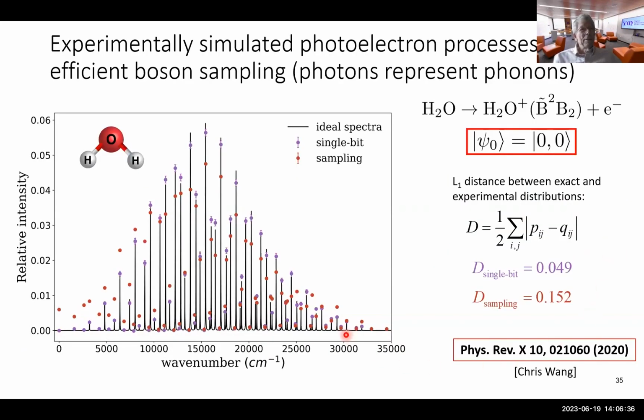So here you see some data. The black lines are the theoretical spectrum calculated on a classical computer, knowing the parameters of the molecules, which we got from chemists. And then you see method 1 here, the purple dots.